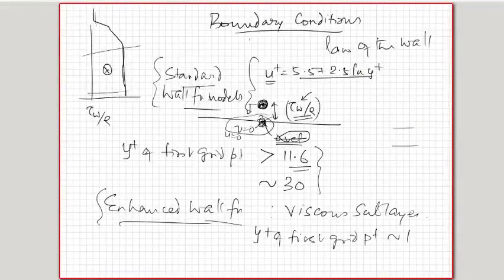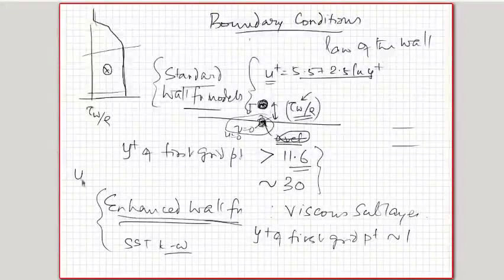This is also used in some of the models, for example the SST k omega, which should have an enhanced wall function and is not compatible with the standard wall function. So you need to look at each of these models and their corresponding compatible boundary conditions, and accordingly use them. These wall functions are typically used to calculate the near wall u value, and accordingly also the k and the epsilon values.